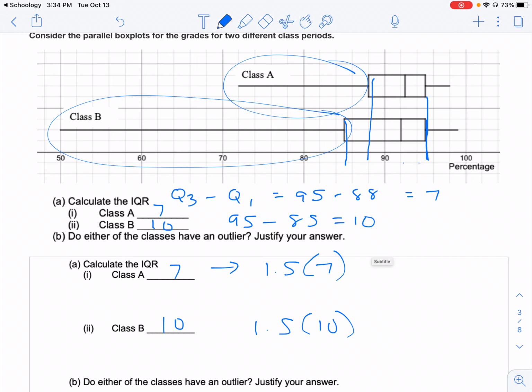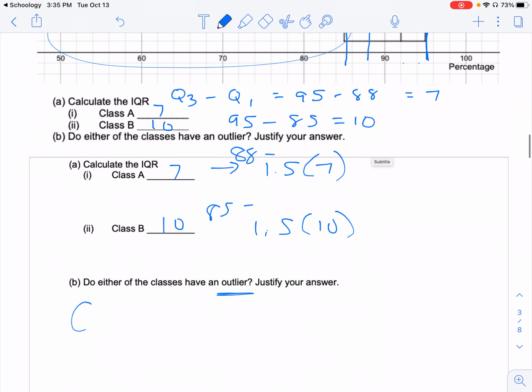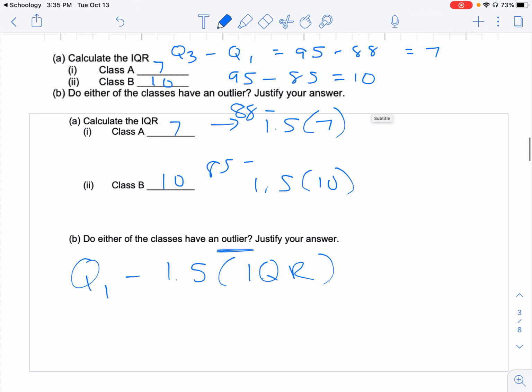So Q1 for class A was 88, 88 minus this. For class B, it was 85, 85 minus this 1.5 times the IQR. And if you look back at your notes, it's Q1 minus 1.5 times the IQR, or Q3 plus 1.5 times the IQR. And you want to see if there are any outliers, any values.